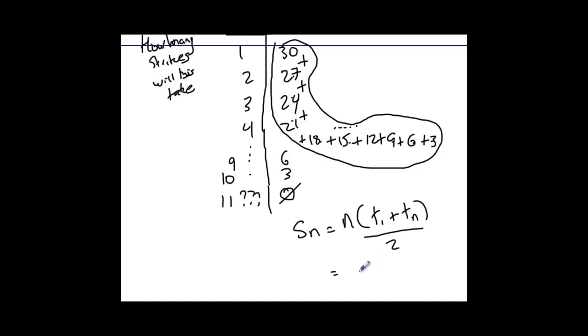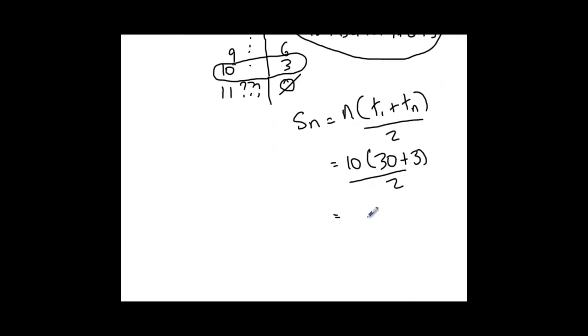So, how many numbers were there? Probably the best way of doing it is you had to hit this thing 10 times. The first time you hit it is 30. The last time you hit it, you actually hit it in 3, because this would have been the last one that you used. So 10 with 3, and then divide by 2. 10 divided by 2 is 5. 30 plus 3 would be 33.